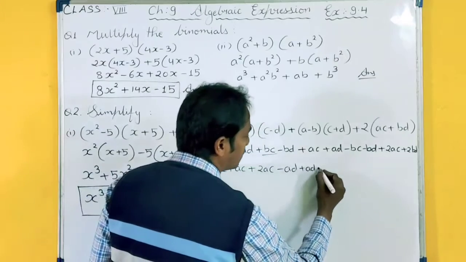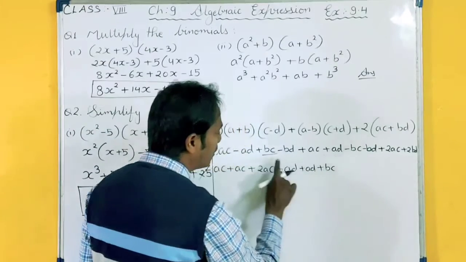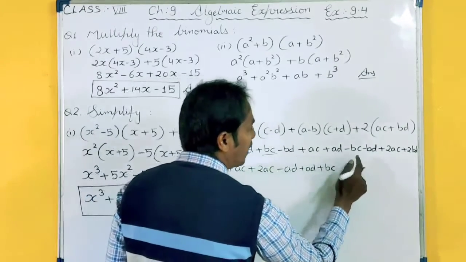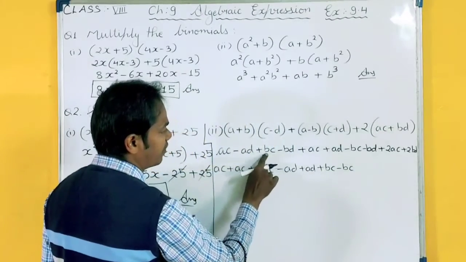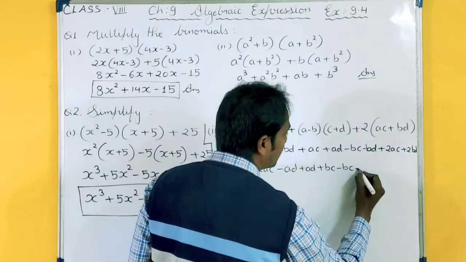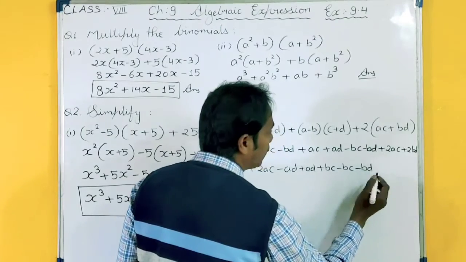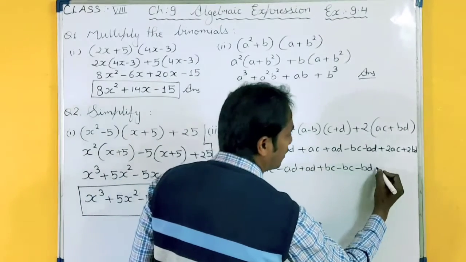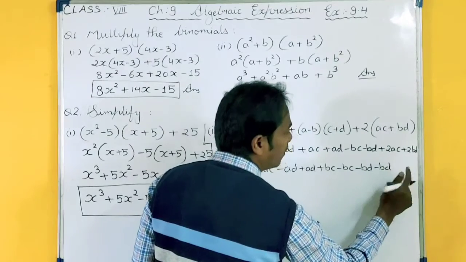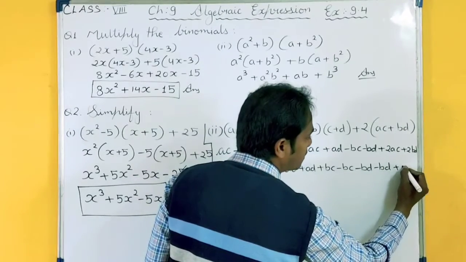Then BC. This is BC and this is minus BC. Now minus BD. This is minus BD. Again here you are getting minus BD and again here you are getting plus 2BD.